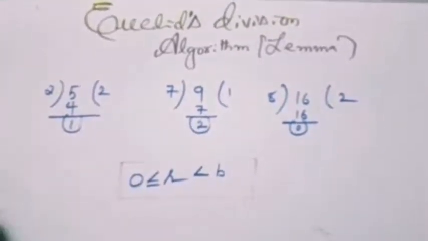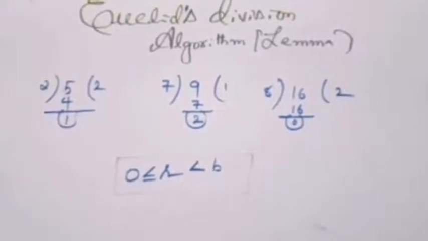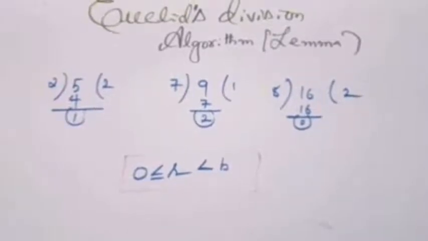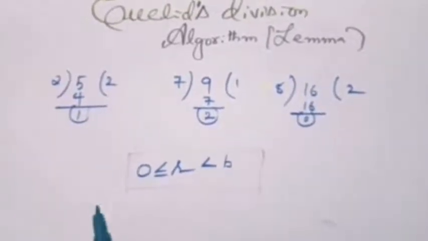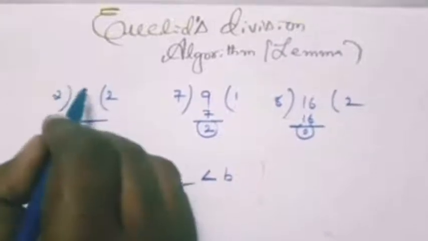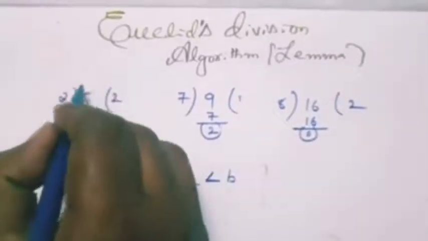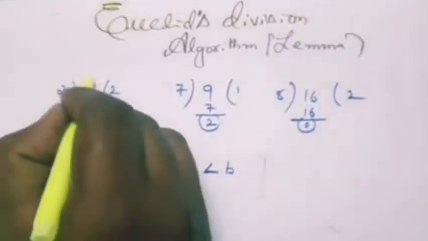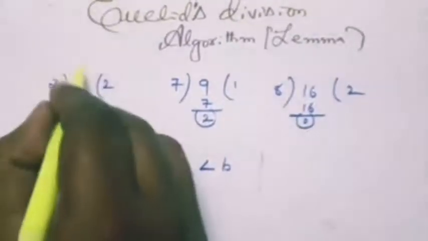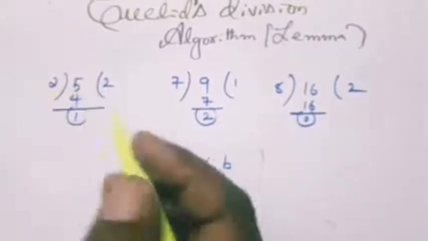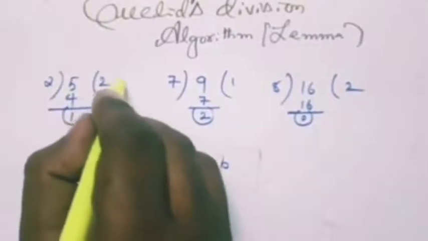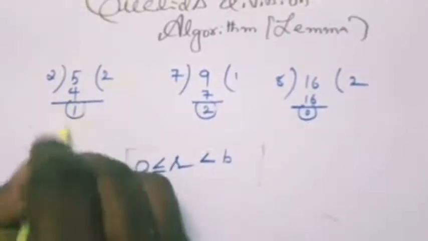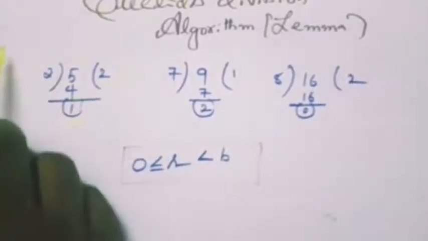Next one is, you know, in our childhood, there is a dividend. Let me assume dividend is a, quotient is q, and remainder is r.